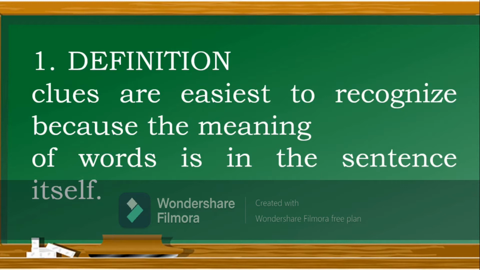Based on the word definition, the word itself is being defined within the context. Ibig sabihin, yung meaning ng salitang hinahanap ninyo ay nasa loob lang ng isang konteksto, nasa loob ng isang pangungusap. Definition, ibig sabihin, yung kanyang meaning.